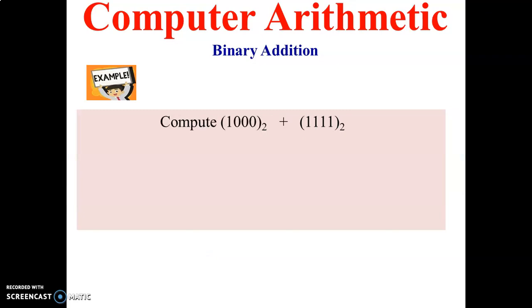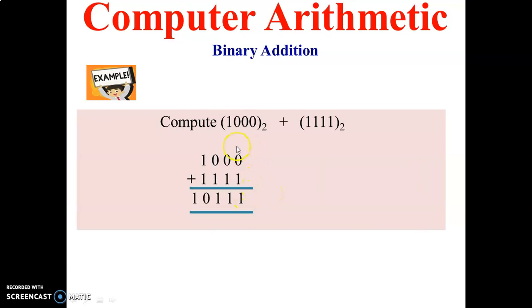We have to compute 1000 plus 1111. We have to add these binary numbers. So for that, we place the numbers 1000 and 1111, and the output is 10111.